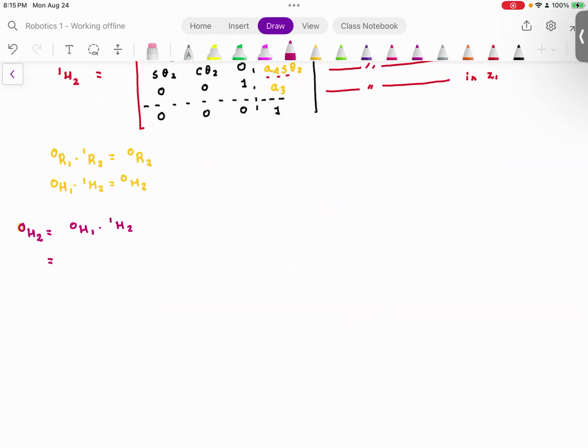So what we have to do is multiply two 4x4 matrices. The way to do this is to program these matrices inside MATLAB and ask MATLAB to give you the answer. But in the first class, I'm going to multiply these by hand so that everyone knows how the matrices are multiplied.